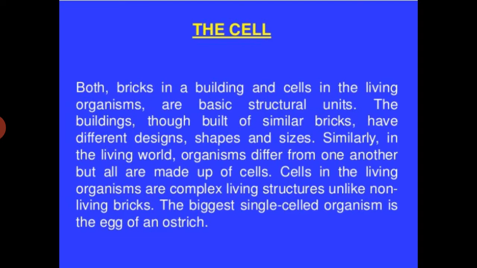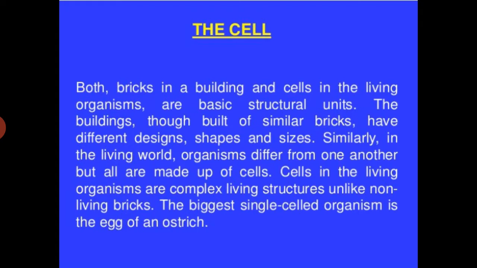The biggest single cell is the egg of an ostrich. Every single cell organism has a large size. It means the biggest single cell, the size of this cell, is the egg of the ostrich. So here you compare the size of the biggest single cell with the egg of an ostrich.